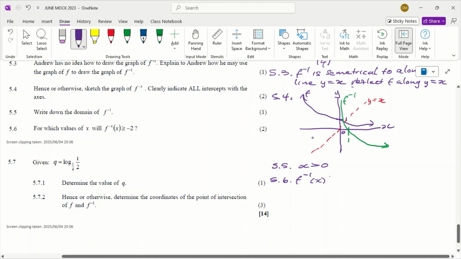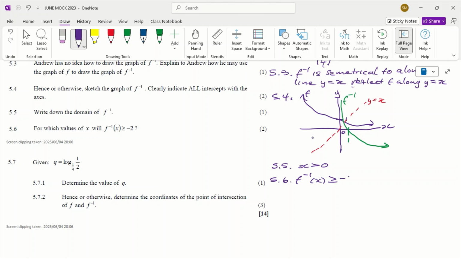We cannot use exponents and logs with greater than and less than, so we need to say equal to -2. Now we know this is the exponent and this is the power, and 1 over 4 is the base. So we can revert this to exponential form, which would say that x is equal to 1 over 4 to the exponent negative 2.